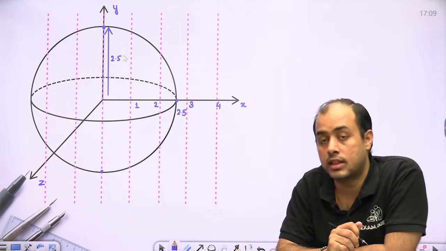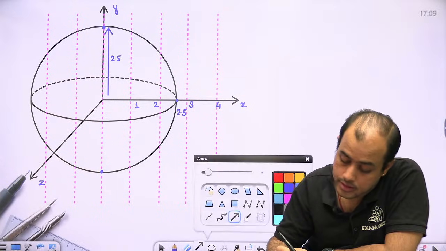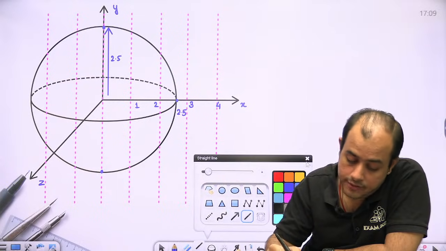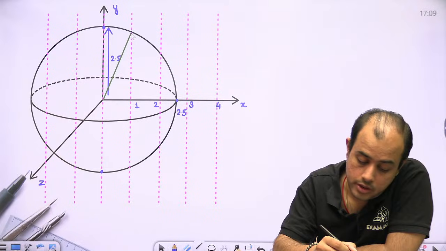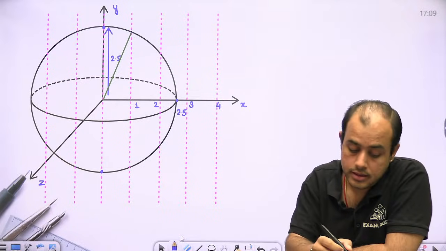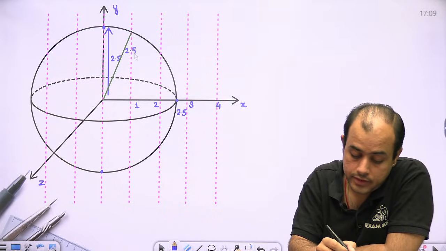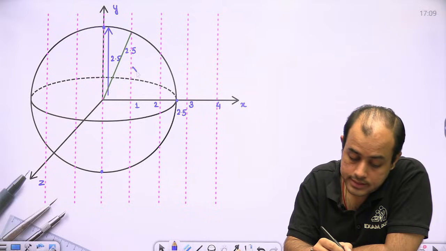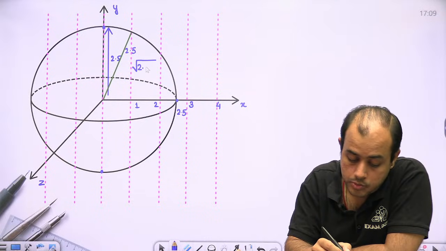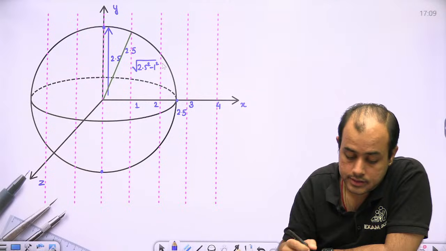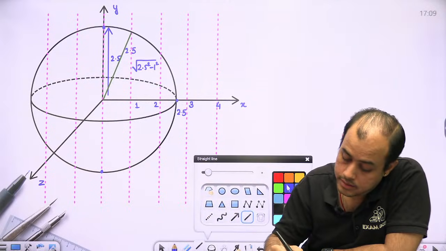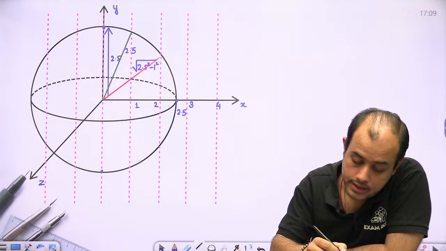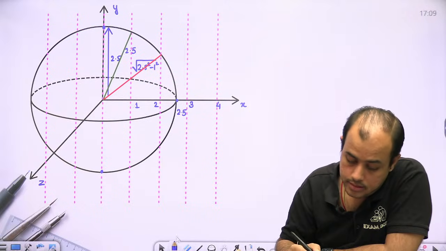But what about the other charges? For other charges, beta, we have to figure out. So I will draw a line like this. This length will be 2.5. So what is this? By Pythagoras, 2.5 square minus 1 square. Similarly, I will draw another line here. Okay?